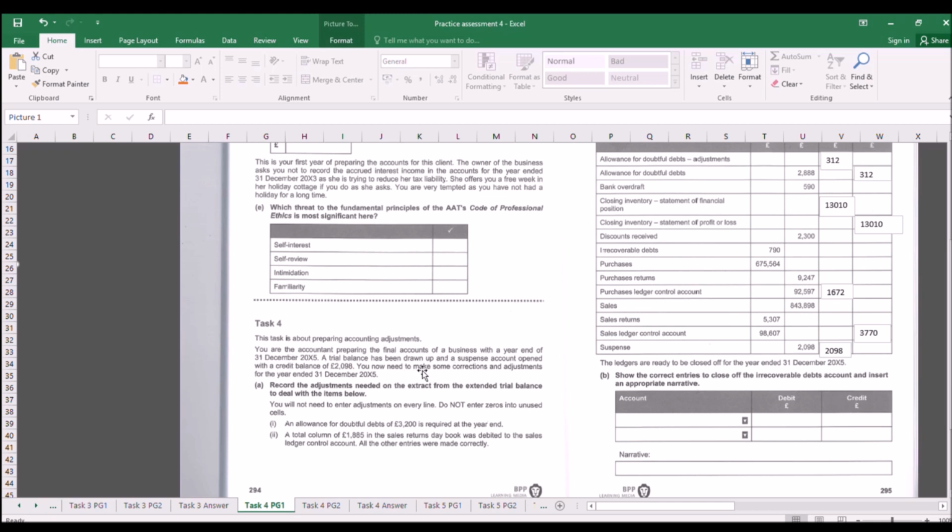Your accounts now need to make some adjustments for the year end. Record the adjustments. You will need to enter adjustments on every line. Do not enter zeros into unused cells.